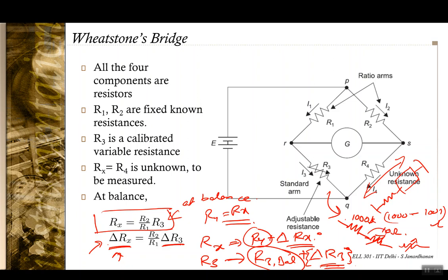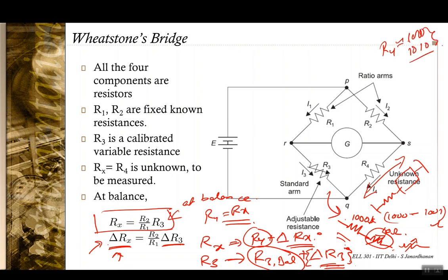You are adding a small range variable resistance to a large fixed value, and this can be used if your R4 varies from 1000 to say 1010 ohms.